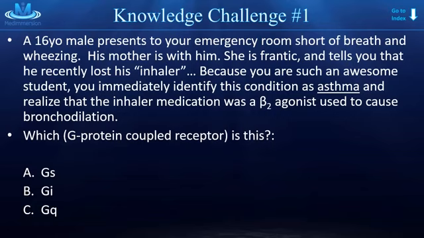And you realize that the inhaler was a beta-2 agonist used to cause bronchodilation. So, which G protein coupled receptor are we talking about? Gs is the correct answer, so if that's what you picked, good job. Remember, you can write it out by either of the two mnemonics that we used.